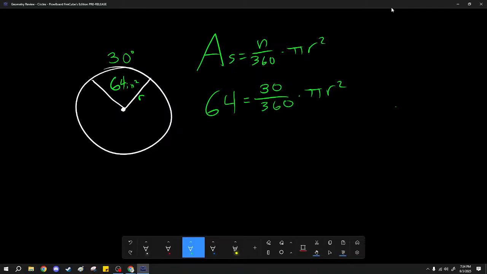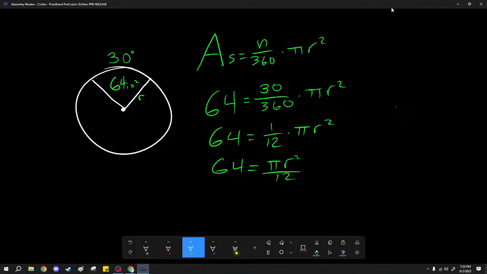I once again chose an angle on purpose that is easy to divide into 360. 30 goes into 360 12 times, so this fraction is actually 1 over 12 times pi r squared. I'm going to rewrite this again so you see how these numbers are interacting. We have pi r squared over 12.